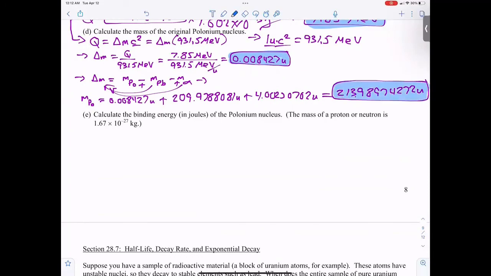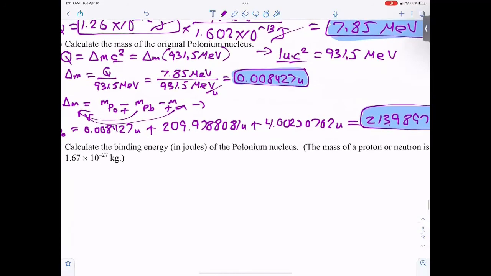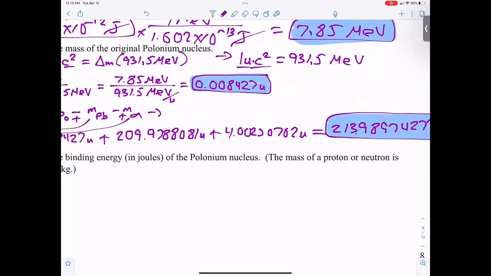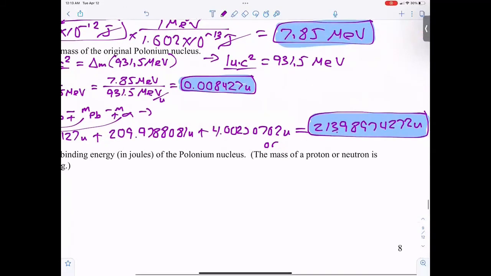If you multiply that times 1.660539, you'll get 3.55 times 10 to the negative 25 kilograms would be the mass of the original polonium nucleus.